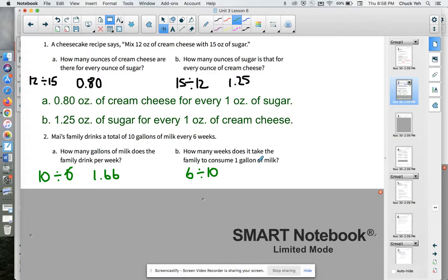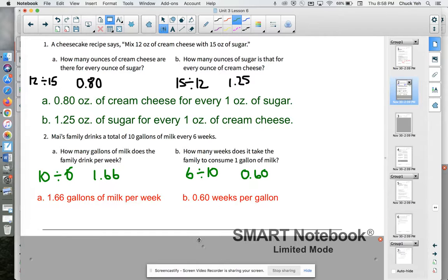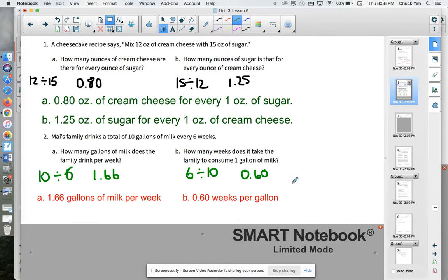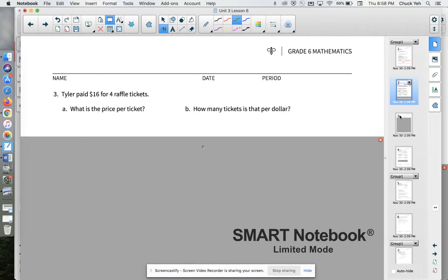So 6 divided by 10. 0.60. 1.66 gallons of milk per week. 0.60 weeks per gallon. So for every gallon of milk, it takes a little bit more than half a week to drink it. That's a lot of milk. All right, we're going to go on to the next one.